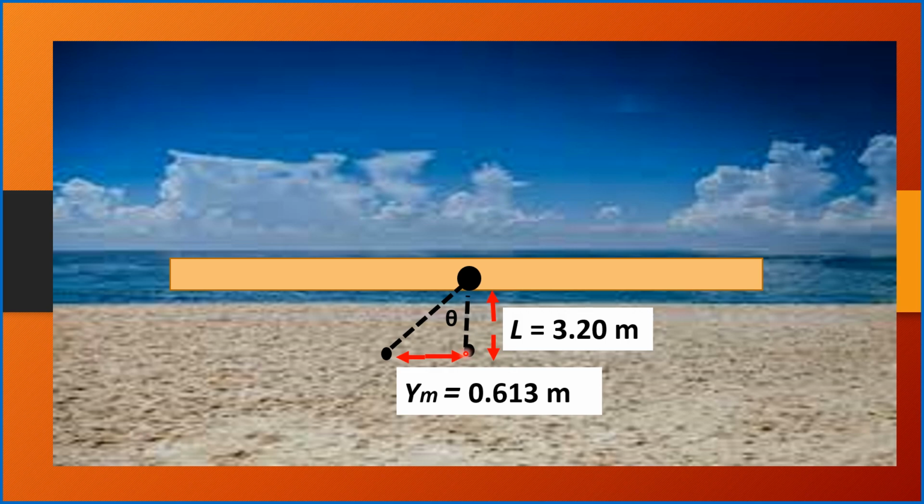There is a certain point on the shore which we can call the central bright fringe, and the distance from that central bright fringe to the first minimum, or m equals 1, which we label as y sub m, is also given, which is equal to 0.613 meters.